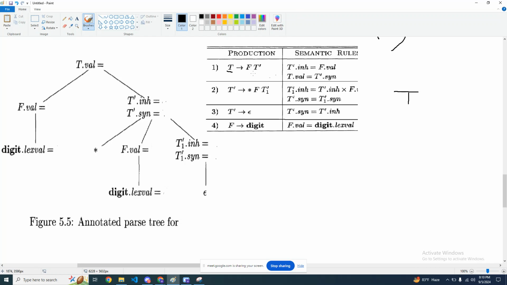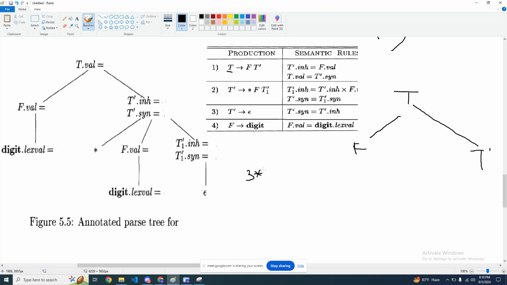And we can use this production. T produces F T prime. So F and T prime, right? And after that, we need to generate 3 into 5, right?